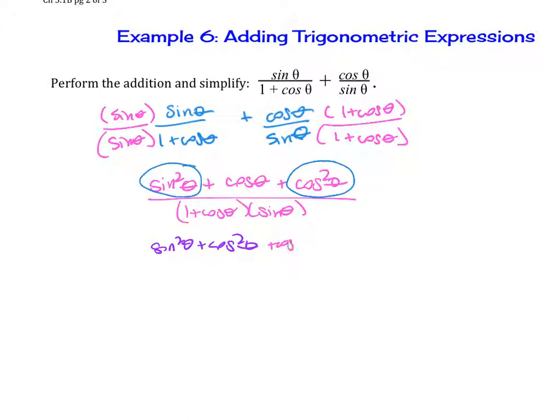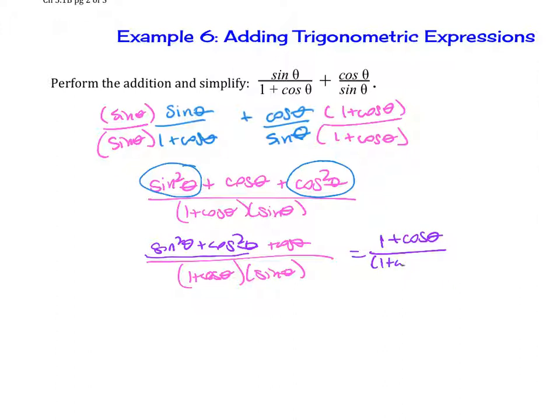And then plus cosine of theta over 1 plus cosine of theta times sine of theta. So remember, the sine squared of theta plus cosine squared of theta just changes to 1. So 1 plus cosine theta over 1 plus cosine theta times sine theta. And then you could write parentheses here, and I hope you see that you can go ahead and cancel those out, factor it out. So we have 1 over sine of theta, and 1 over sine of theta is cosecant of theta.